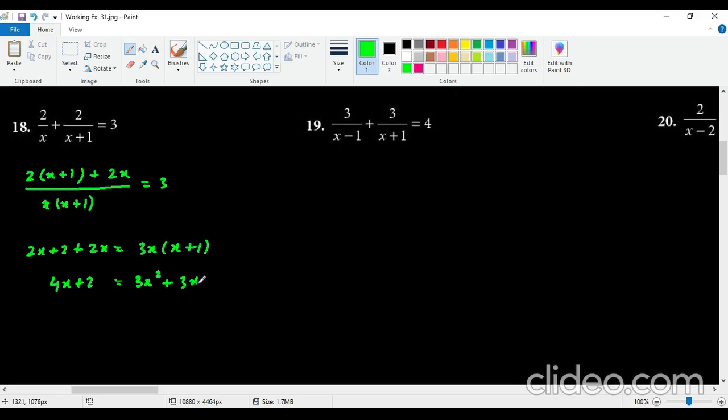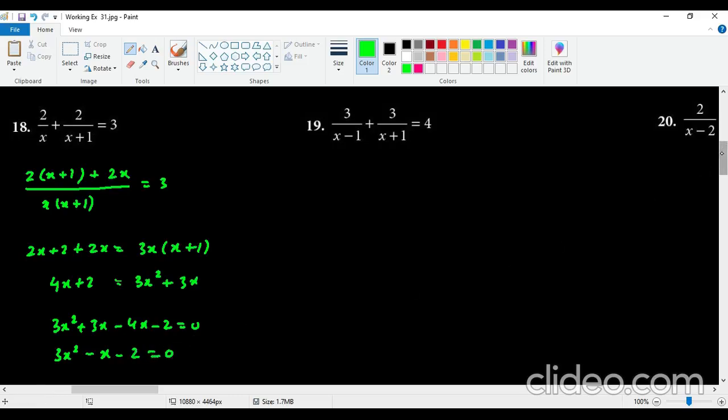Now I'll bring these two on the other side because the value of x squared is positive on the other side. So I will write 3x squared plus 3x minus 4x minus 2 equals 0. And this is becoming 3x squared minus x minus 2 equals 0.